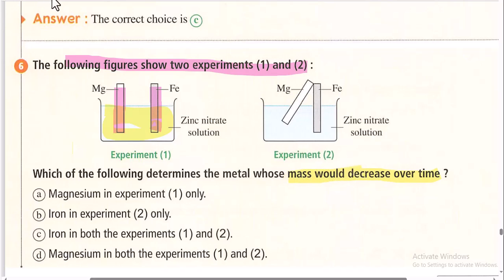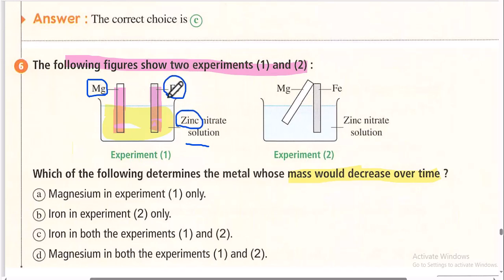Who is the more active metal? Magnesium, iron, zinc. The correct arrangement is that magnesium from 2A elements is more active than both iron and zinc, and zinc is more active than iron.